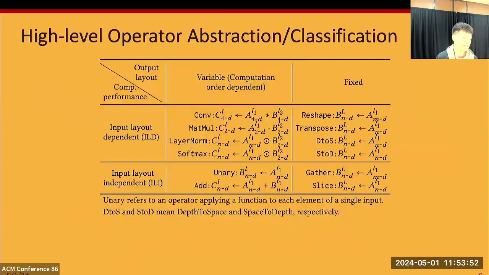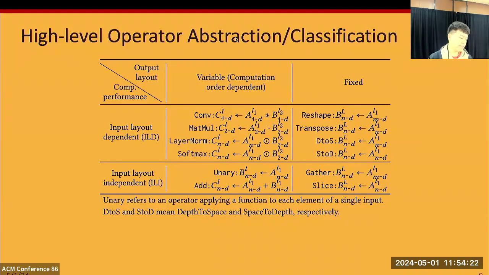So let's first look at the high-level idea. The key insight here is we have many operators in the DNN domain, like convolution, batch normalization, matrix multiplication. And the different operators have different sensitivity to input layout and different computational patterns. One is the data access pattern, another one is the computational pattern. So we divided these operators into 4 different categories along 2 dimensions.